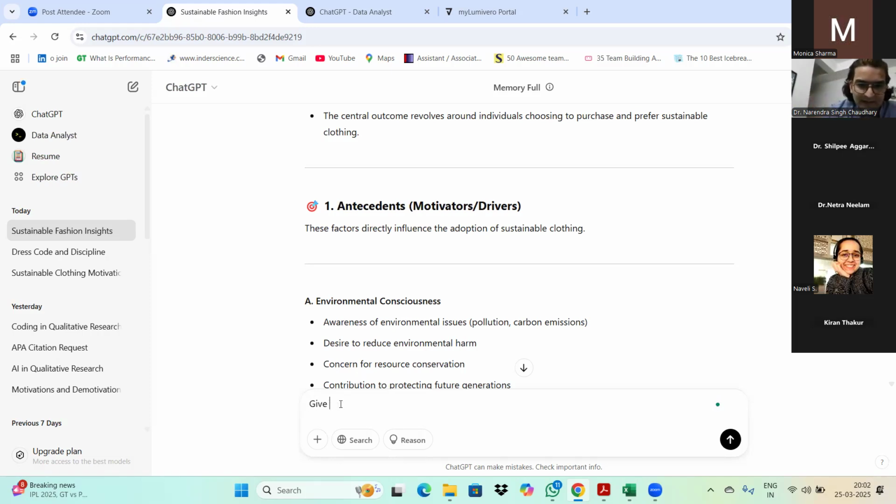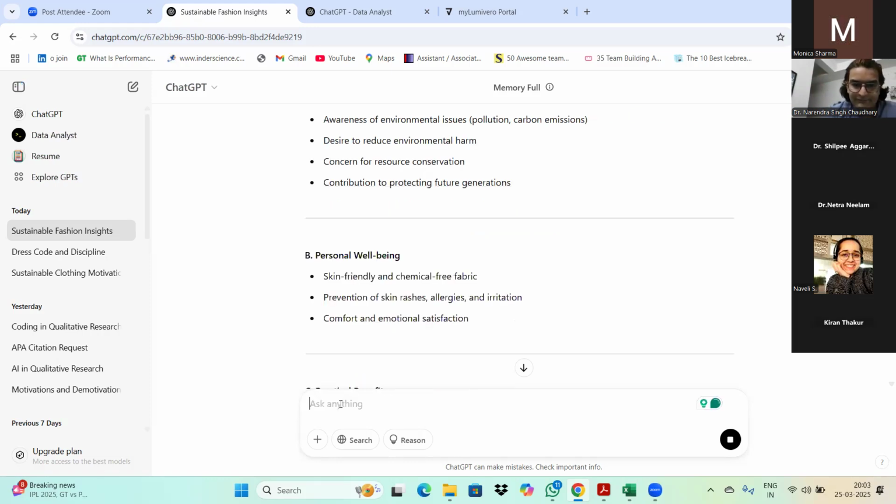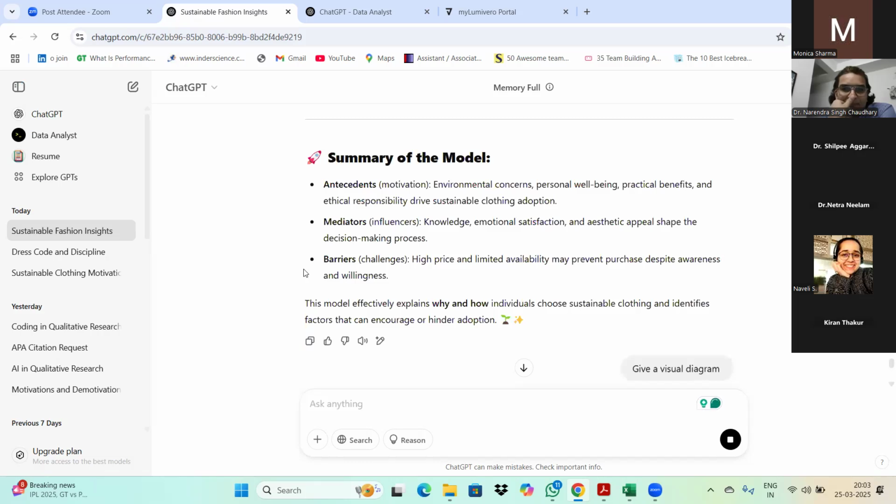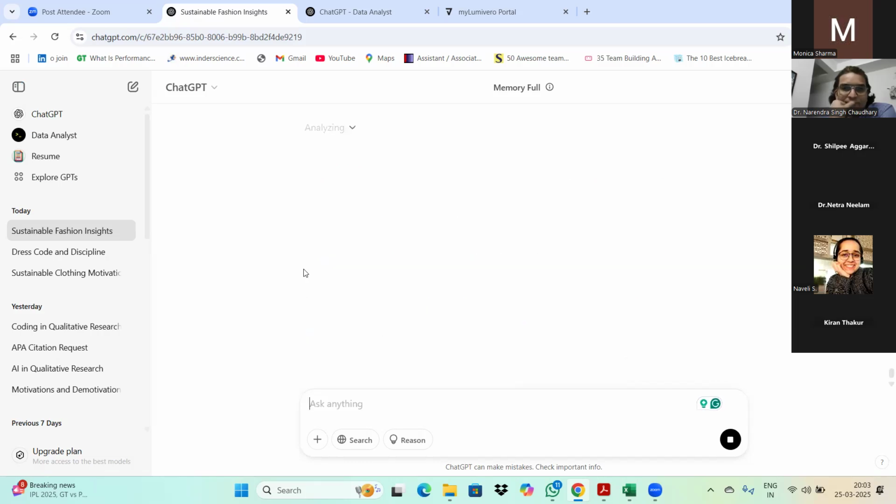So if I'm saying, give a diagrammatic model, it is taking some time in the meanwhile.